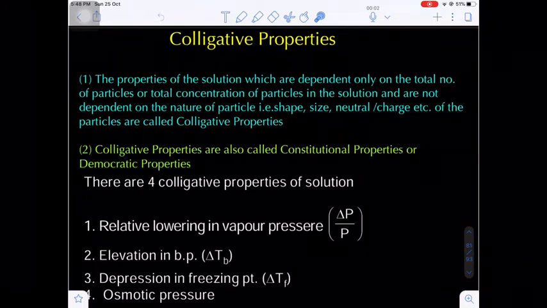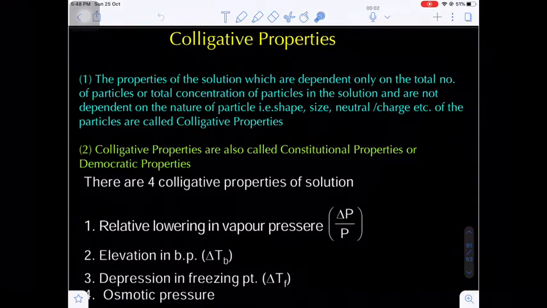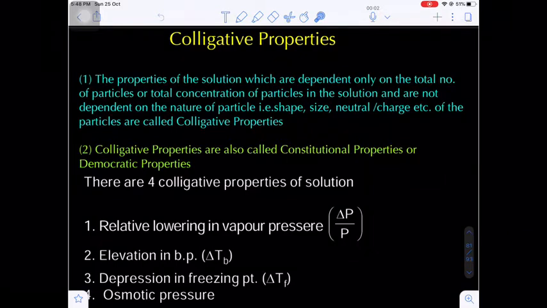Irrespective of the nature of the solute, only those properties which depend upon the total number of solute particles or total number of moles of solute are known as colligative properties.